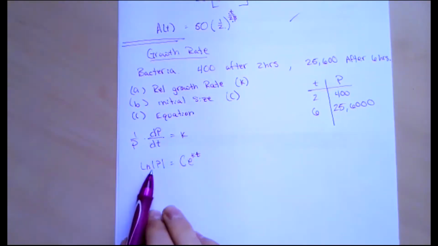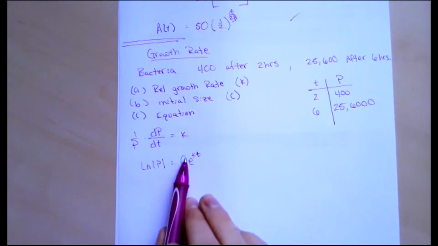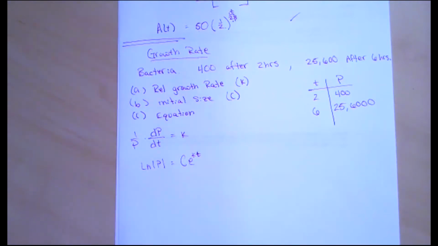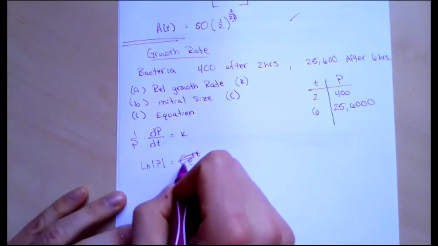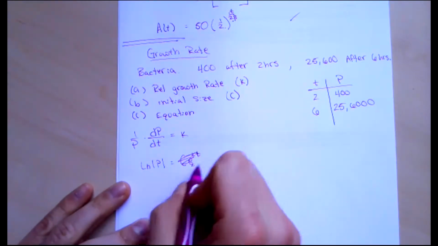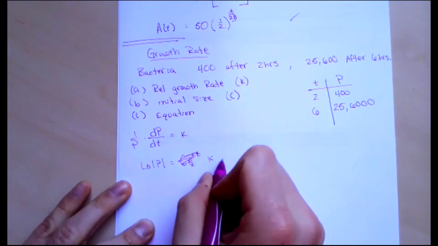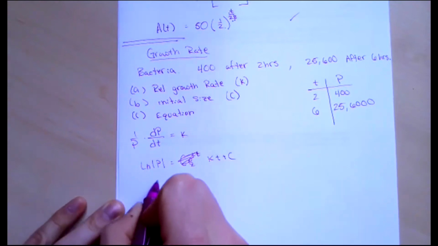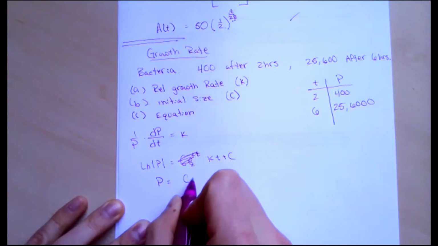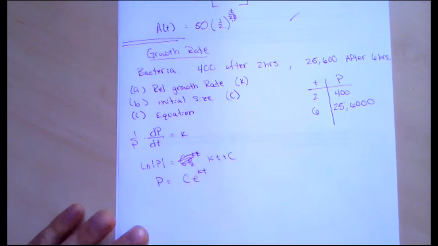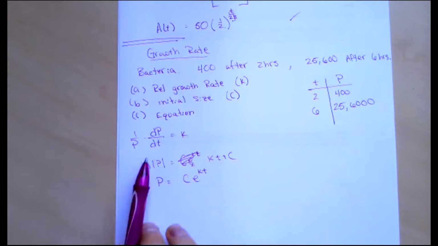When we integrate, I'll get a natural log on the left, and then just manipulate the constants on the right. Sorry, natural log of P, we will get kt plus C, and then when we solve for it, we will get P is equal to C e to the kt. Skipping some steps there.